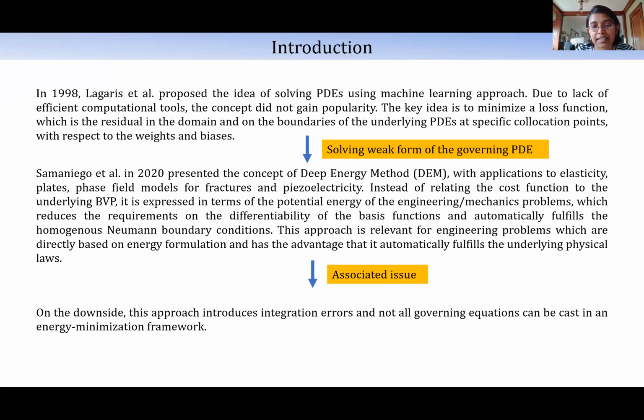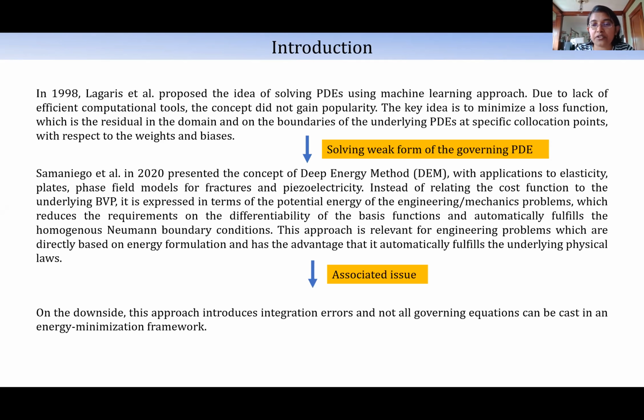Now, instead of relating the cost function to the underlying boundary value problem, it is expressed in terms of the potential energy of the engineering mechanics problem, which reduces the requirements of differentiability of the basis functions. This is because we require lower order of differentiation in a weak form of the equation, and it also automatically fulfills the homogeneous Neumann boundary condition.